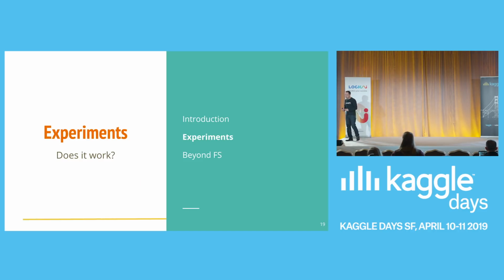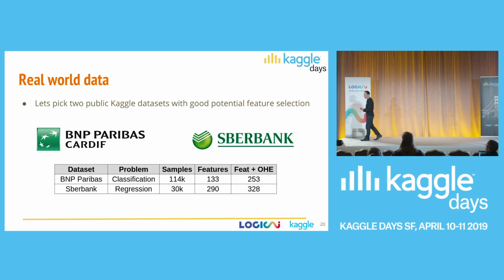But I want to show, does this really work? Is it something that can be applied? Sometimes when I read papers, it looks amazing, and then when I try it, it just doesn't work. So I picked 2 past competitions, so you can go and try it yourself.